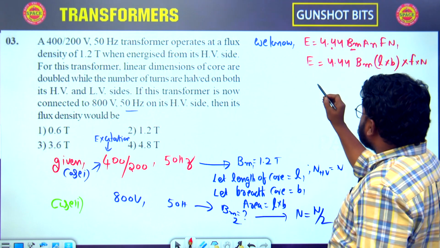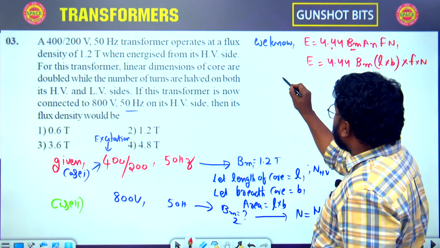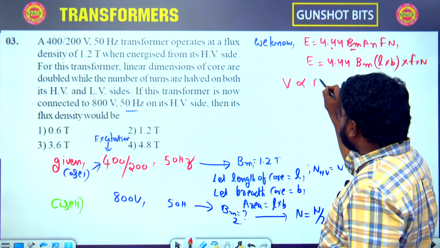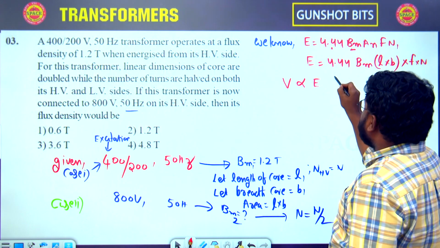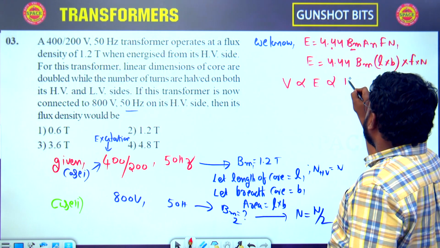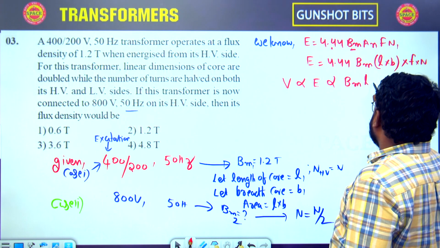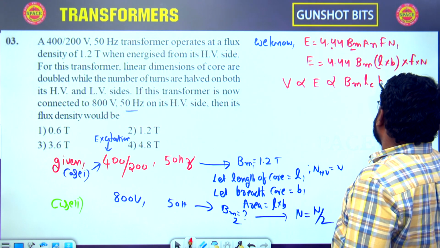Now the applied voltage V is directly proportional to the excitation EMF, and the excitation EMF is directly proportional to the flux density, the length of the core and the breadth of the core.